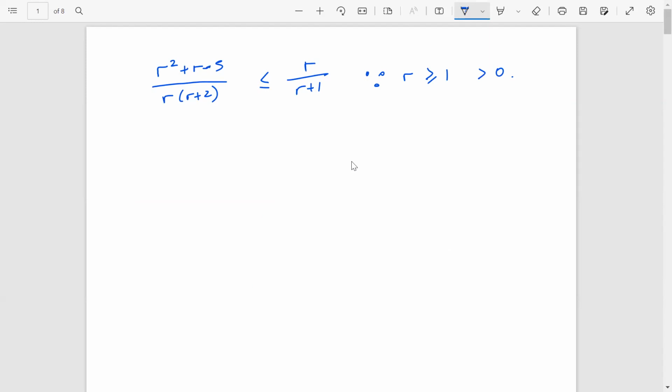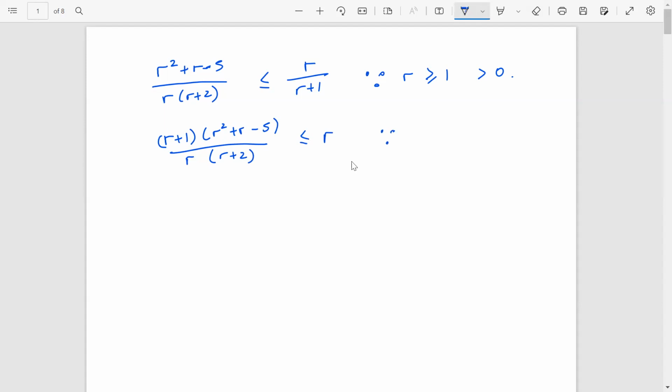Then from here, we can continue. r plus 1, r squared plus r minus 5 over r squared. Actually, we can just leave it. I mean, you want to do r squared also can, but I will just do it this way. Smaller or equals to r.